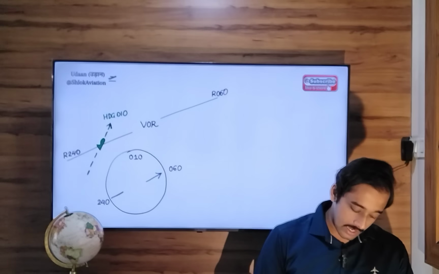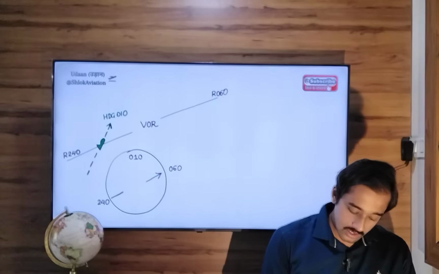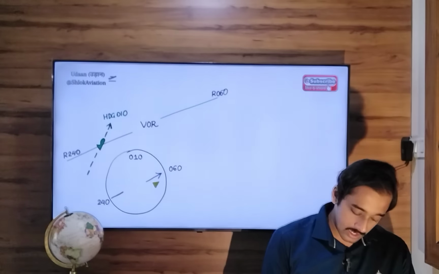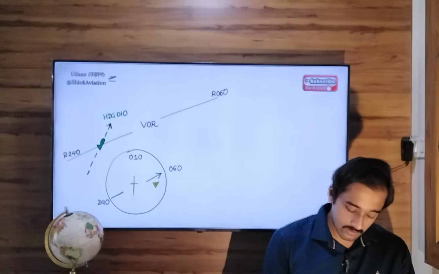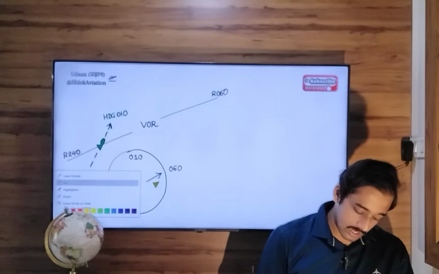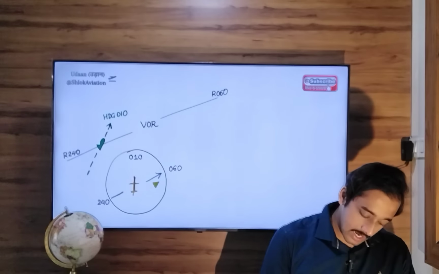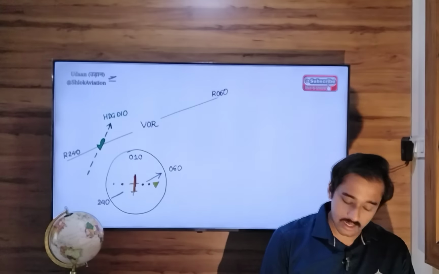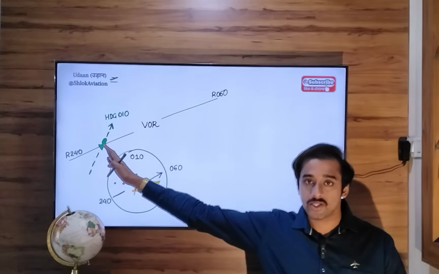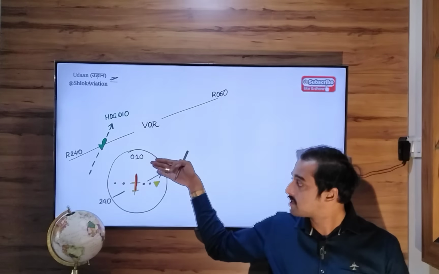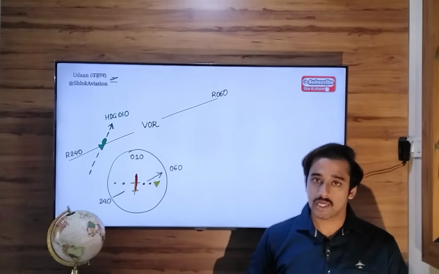The TO-FROM indicator should show TO, so the triangle will be ahead of the aircraft. And the CDI indication will remain in the center because the aircraft is on the center of this radial 240 inbound. If the aircraft is on the center line of the radial, the CDI will also remain in the center.